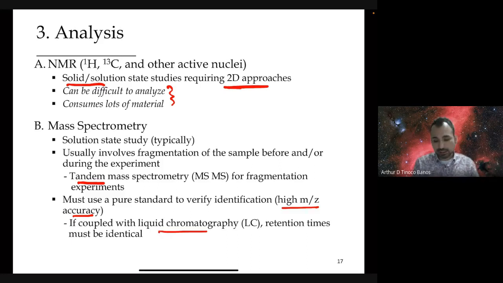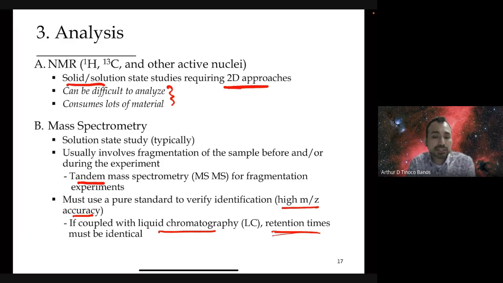All right, another important thing is that if you couple your mass spectrometry to a fractionation process, like a liquid chromatography, like one of these examples I've just mentioned, then oftentimes people will match what is known as the retention time, especially if they're working with a pure standard. What is the retention time? That is the time it takes for the sample to elute.